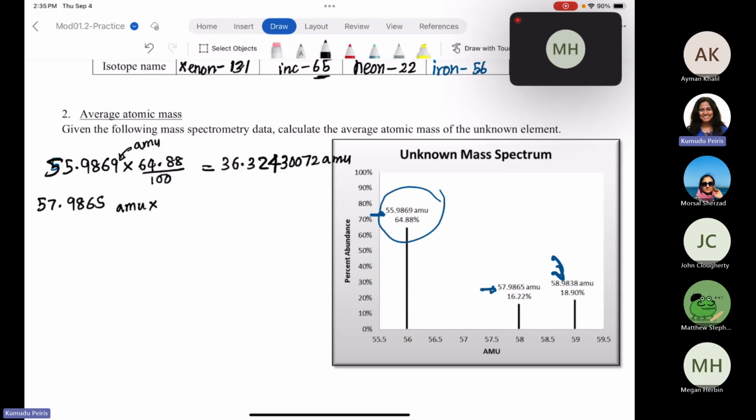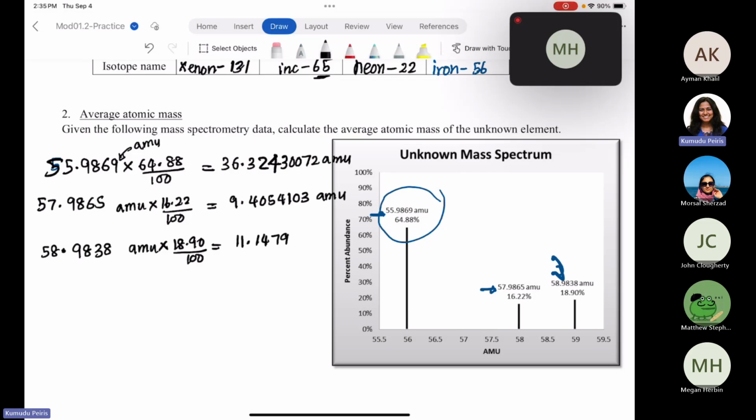AMU times the 16.22 divided by 100, so that will be equal to 9.4054103 AMU, and then 58.9838 AMU multiplied by 18.90 divided by 100 equals 11.1479 AMU.